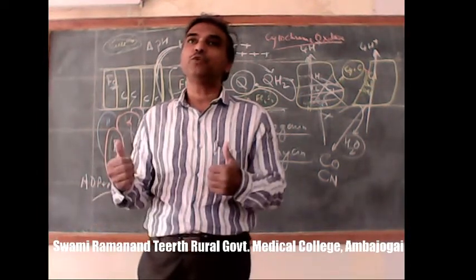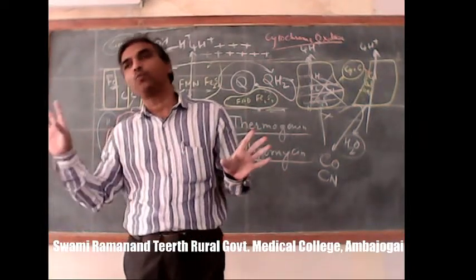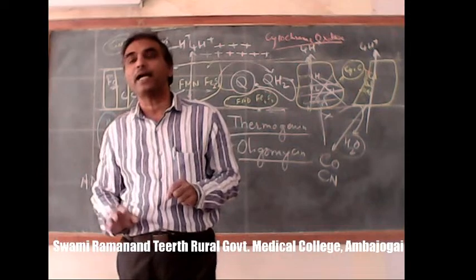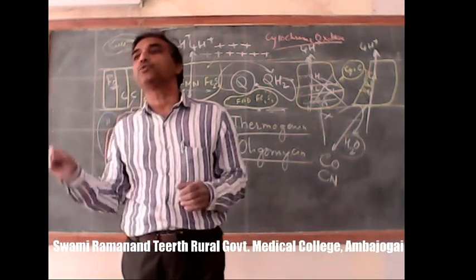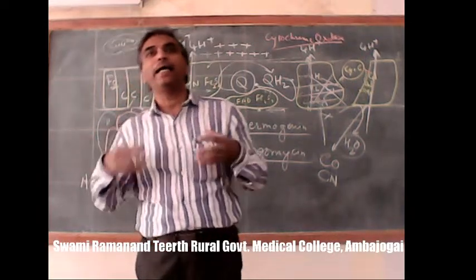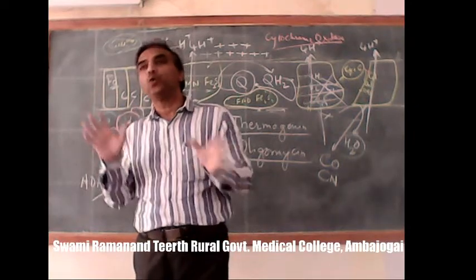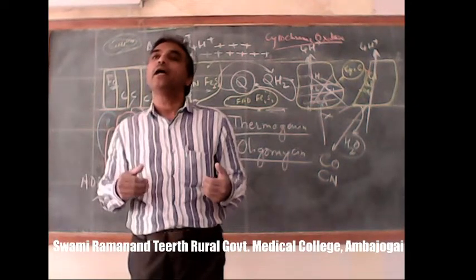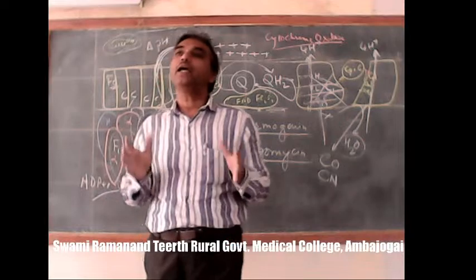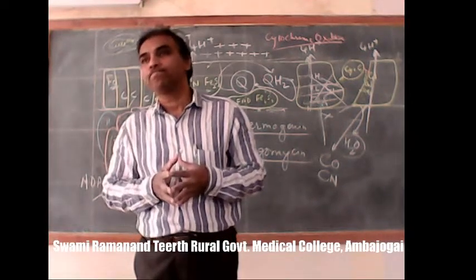If the malate shuttle is used, there is no difference in calculation. 2.5 ATPs will be synthesized inside, but if the glycerophosphate shuttle is used, then 1.5. But mind well, for energetics, whenever NADH comes, we say it is 2.5 ATPs, and whenever FADH2 comes, we say 1.5 ATPs, they are synthesized in the mitochondria.